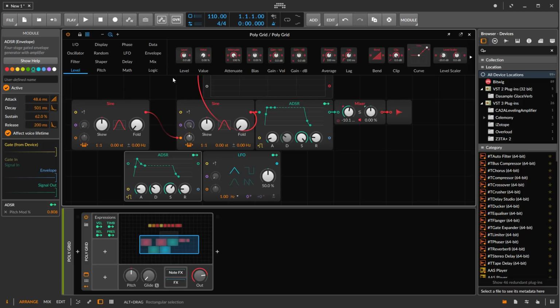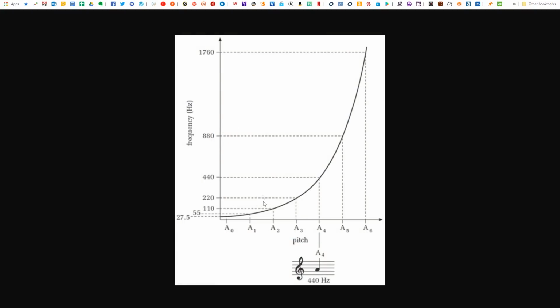But there's another problem, and that is that we're modulating pitch and not frequency. And you're like, well, what's the difference? Pitch, frequency, isn't that the same thing? Yes and no. Frequency is going to be linear, going from 0 up to whatever. But if we are modulating pitch, it's going to be an exponential curve.